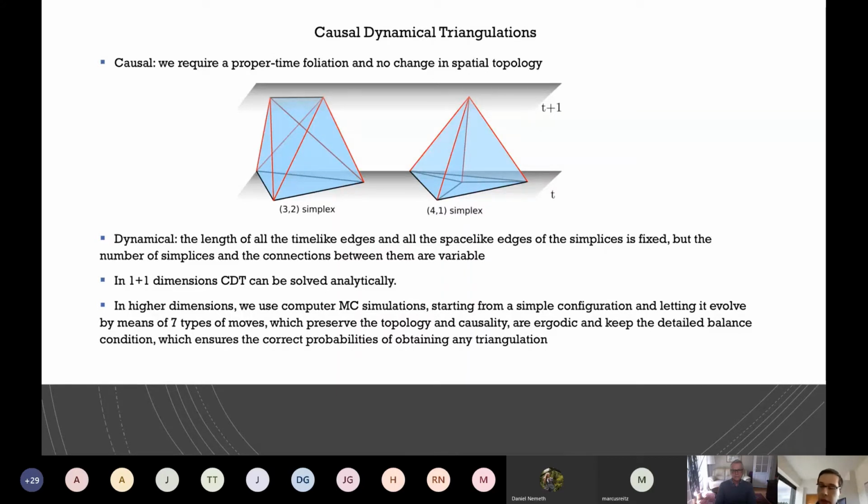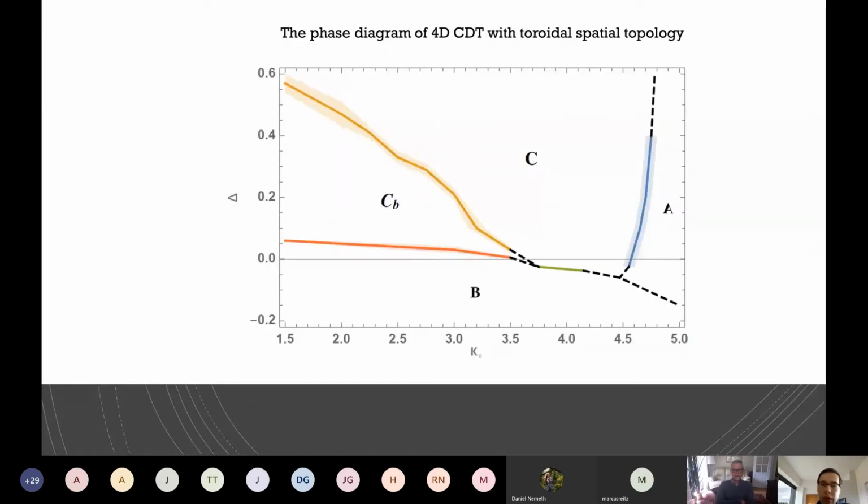And the third property is that the moves keep the so-called detailed balance condition, which basically means that they are made with the correct probability, so that the probability of obtaining any configuration and triangulation is correct and consistent with the action.